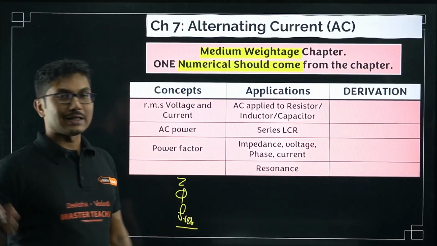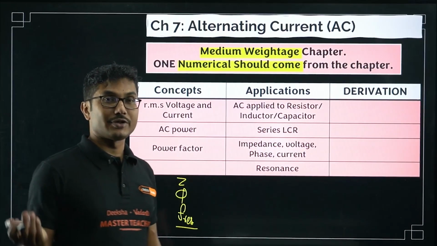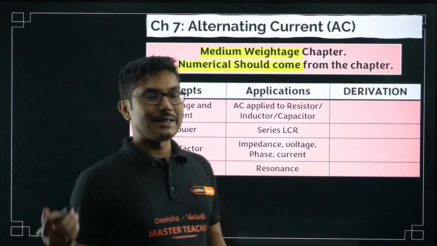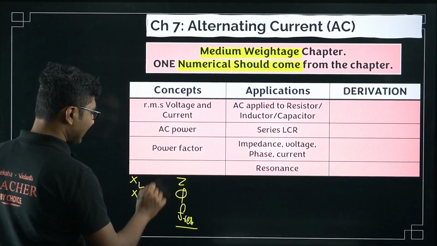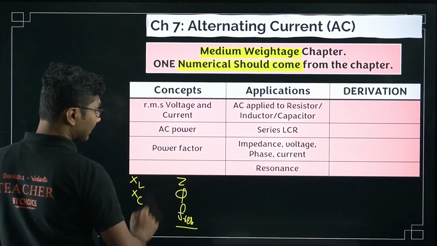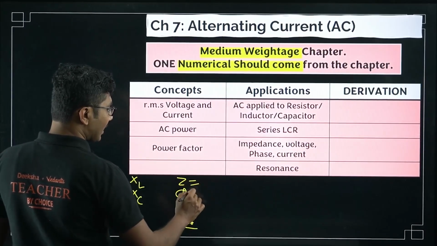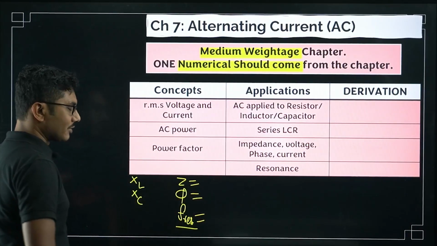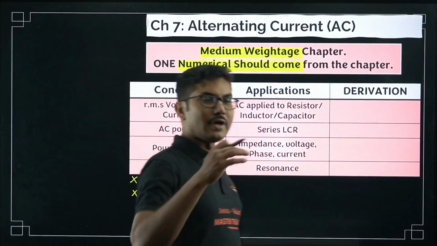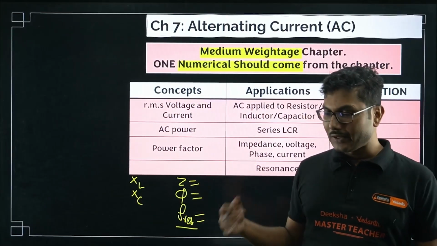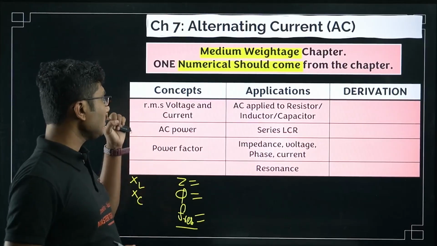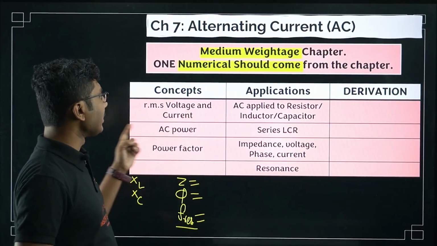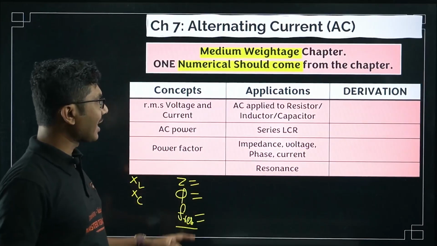What is resonance, what is the impedance at resonance? These are the main things, and first of all you need to know a few formulas: XL, XC, and other than XL, XC, what is Z, what is phi, and how to calculate resonance. If you remember these 4-5 patterns, then definitely you can solve all the questions from this chapter. Important concepts: RMS voltage and current, AC power, power factor.